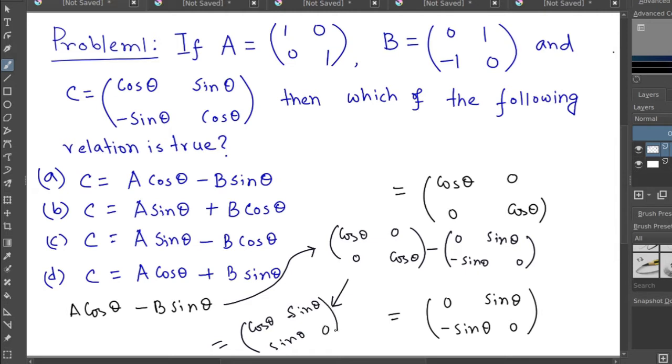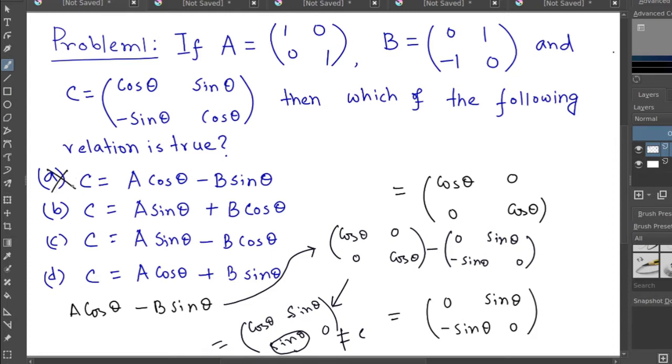You can see this is not equal to C. Obviously here in the A21 position there is minus sin theta, whereas here we can see sin theta. So obviously this is not equal to C, so the first option is incorrect.